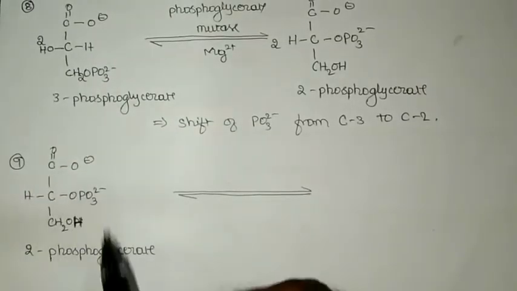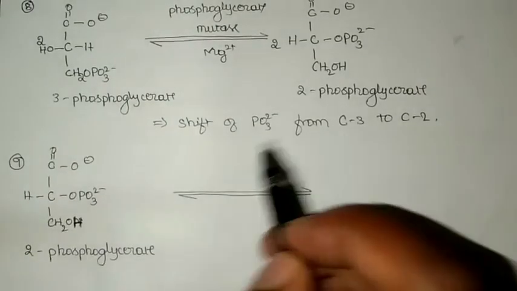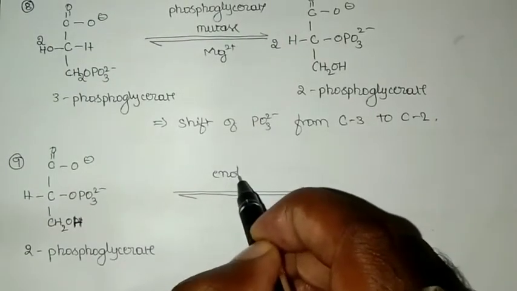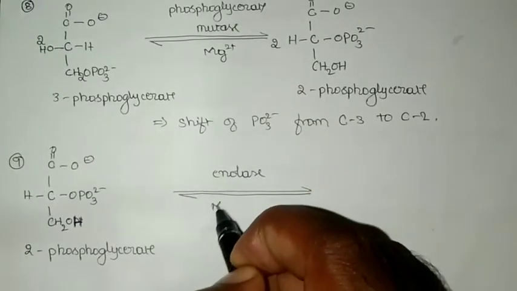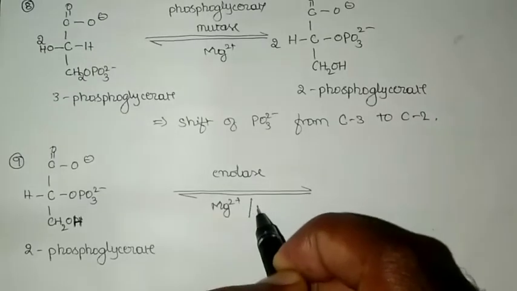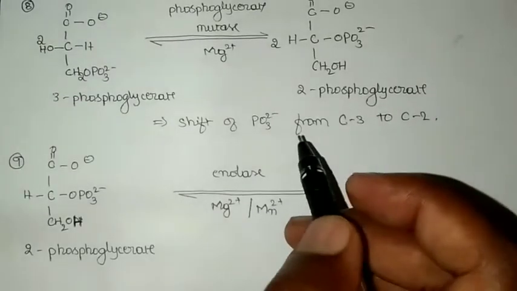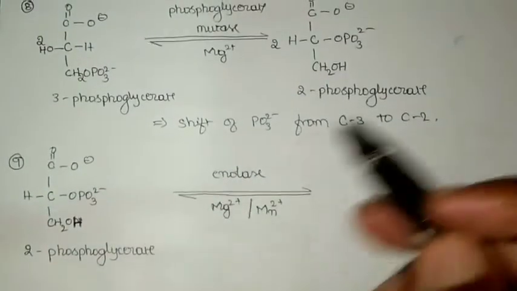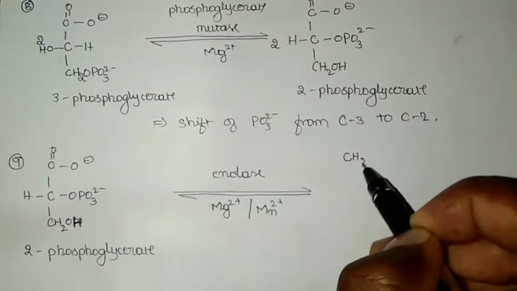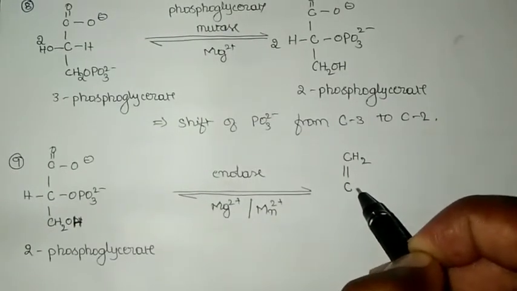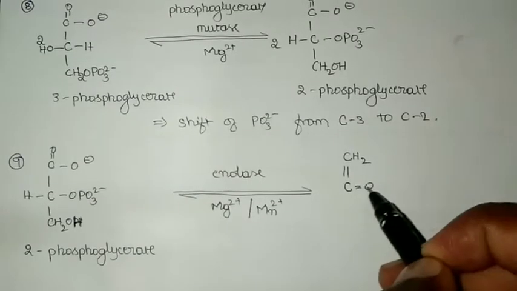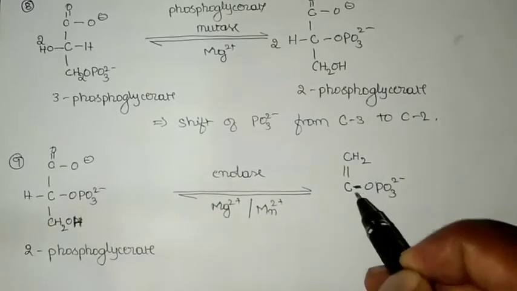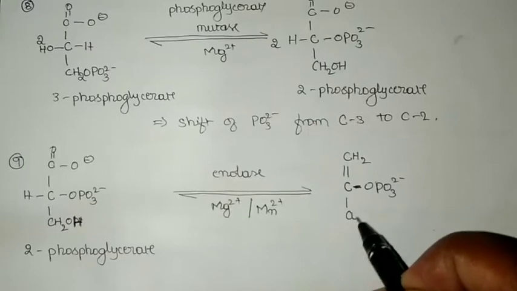In the ninth reaction, this 2-phosphoglycerate reversibly changes into phosphoenol pyruvate in the presence of the enzyme enolase under the influence of the activators Mg2+, or in some cases Mn2+. So in the presence of enolase, 2-phosphoglycerate will change into phosphoenol pyruvate.